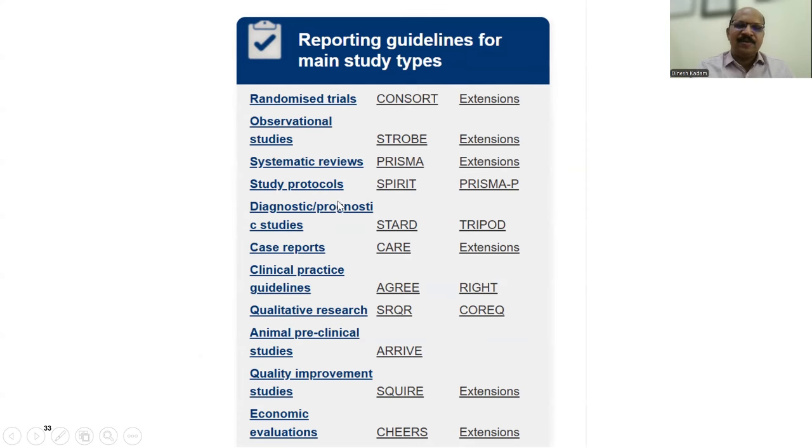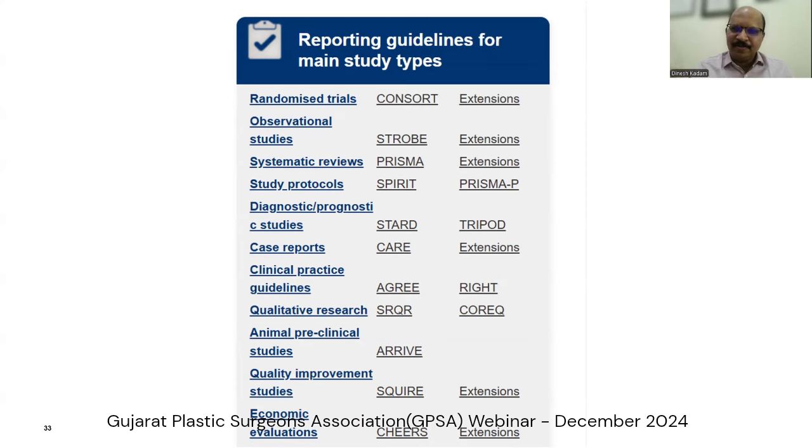So there are different guidelines to report. That means to prepare a manuscript, you must have gone through all this. These will indicate how to write an abstract, what should be the methodology, what points should be covered, what about the population, the risk, the limitations, what should be in the discussion, the conclusion, and the recommendation. So many things come as a part of this manuscript.